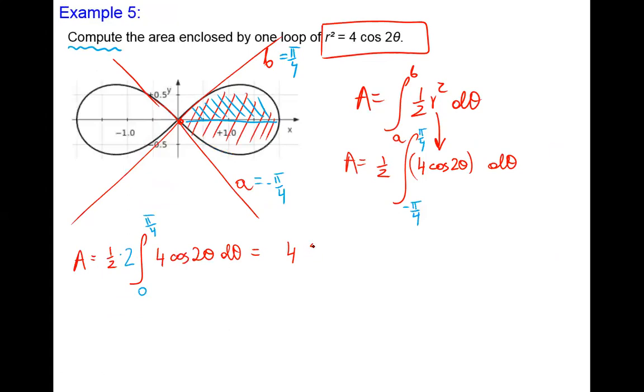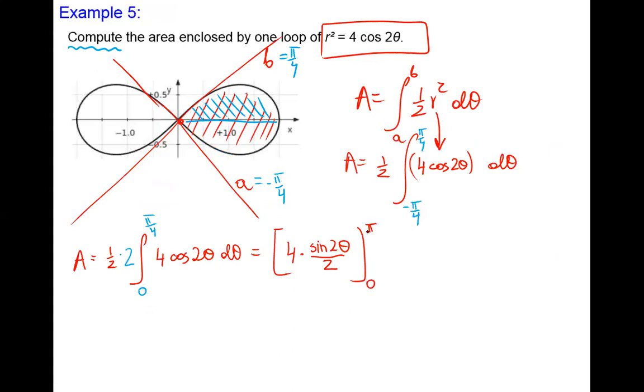Do you remember? It's sine of 2 theta, because the derivative of sine is cosine, but we still have to divide by this coefficient. So sine of 2 theta over 2. It's kind of like the opposite of the chain rule. The derivative of cosine of 2 theta will be negative sine 2 theta times 2, but this is the antiderivative, so we divide by 2.